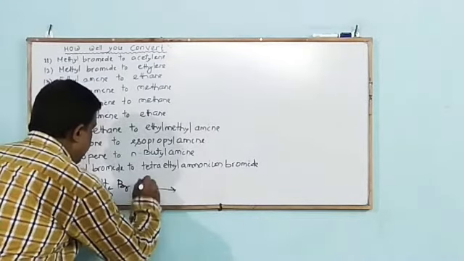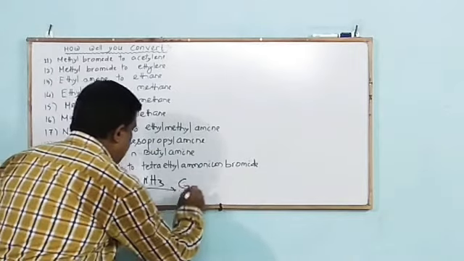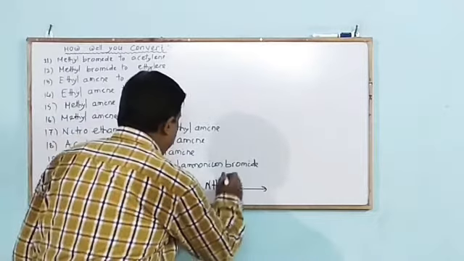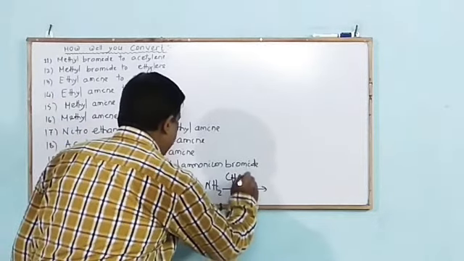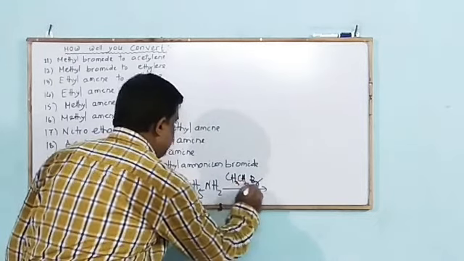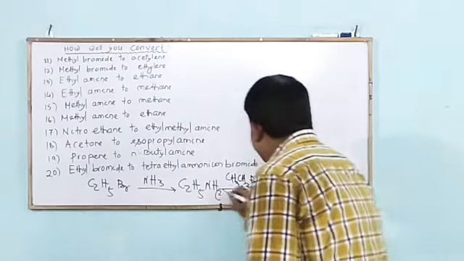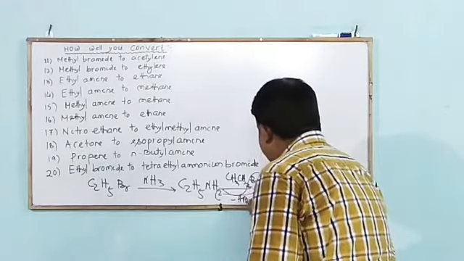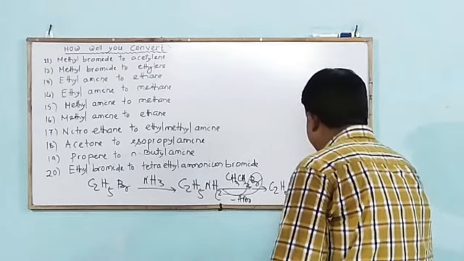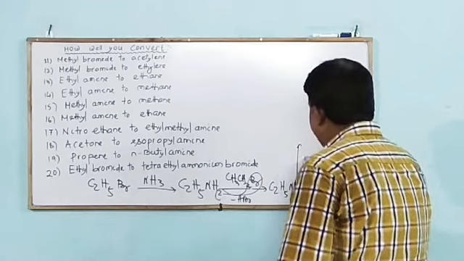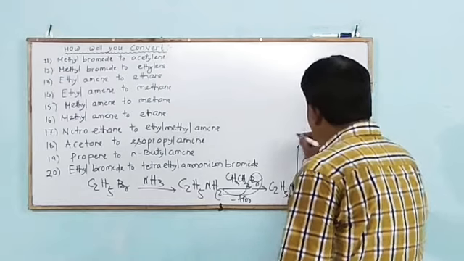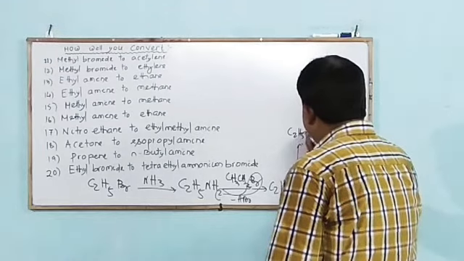C2H5Br combines with ammonia to form ethylamine C2H5NH2. The primary amine again combines with ethyl bromide CH3CH2Br, losing HBr to form diethylamine. Diethylamine again combines with another molecule of ethyl bromide to form triethylamine.